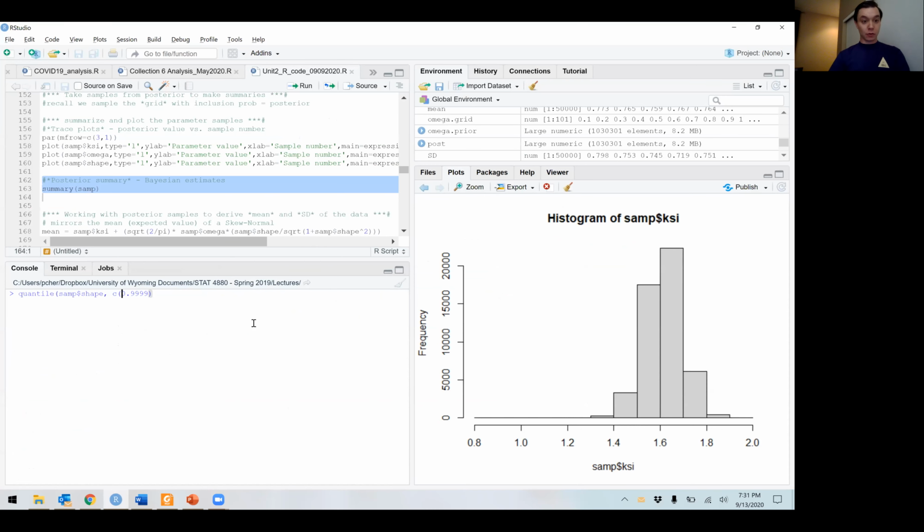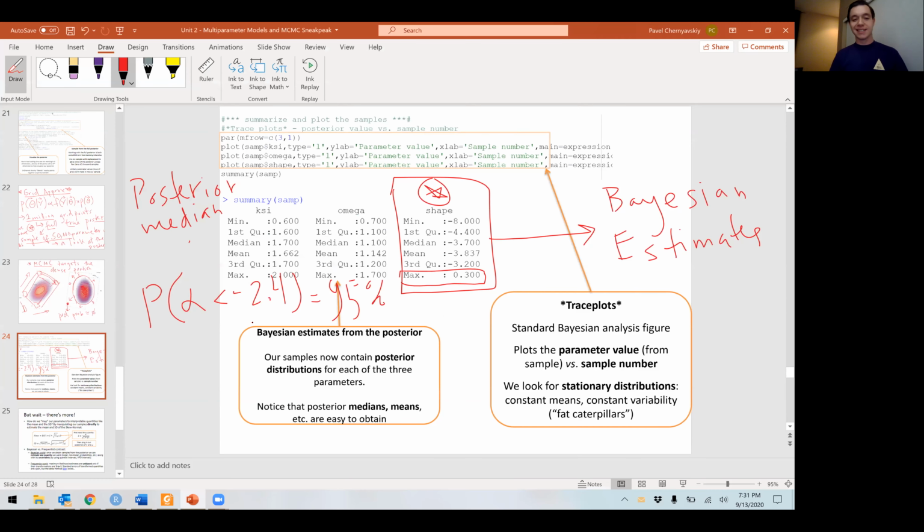Middle 50%, or the interquartile range, well, from 0.25 to 0.75. There's my middle 50%. 25% chance of being less than negative 0.44, 25% chance of being greater than negative 3.2. It's like confidence intervals galore, but I get to make probabilistic statements, and that's the key.